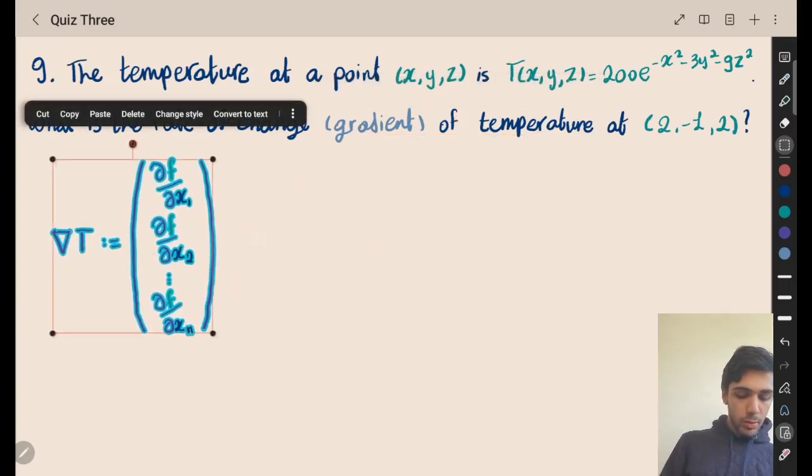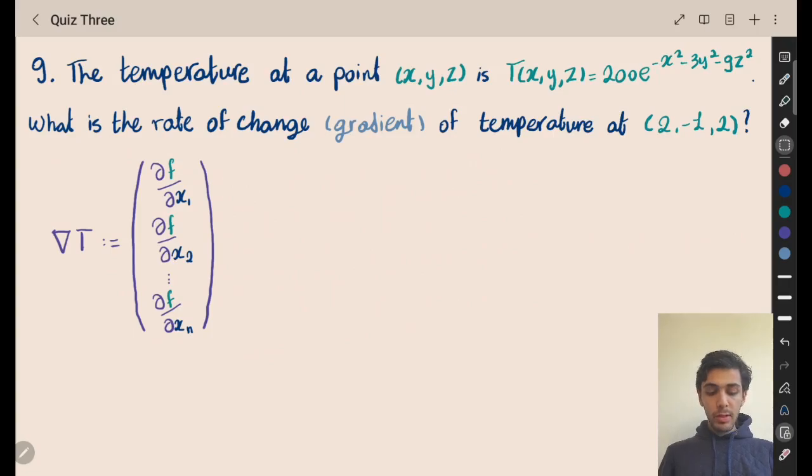So let us compute this gradient of T. I've very conveniently written it like this. Maybe I shouldn't write f in that case, I should probably write T. Then we don't really have n variables, we just have 3.